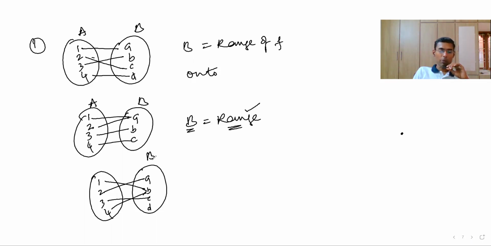Total B becomes range. Codomain equals range. Simple. Here codomain is B, not equal to range, because range is only A, B, C. So D doesn't have a pre-image. Simply, codomain is not equal to range.